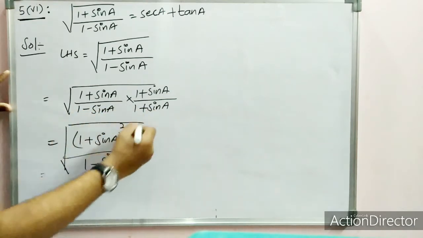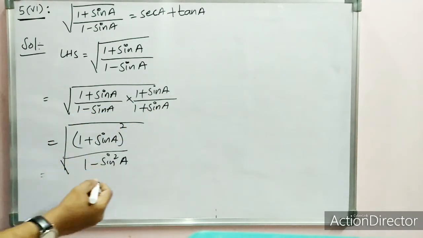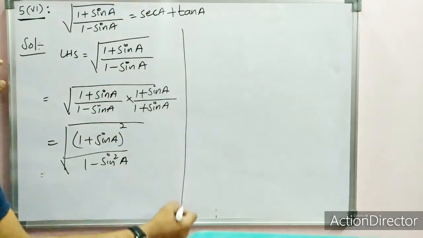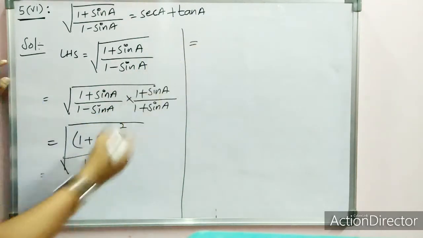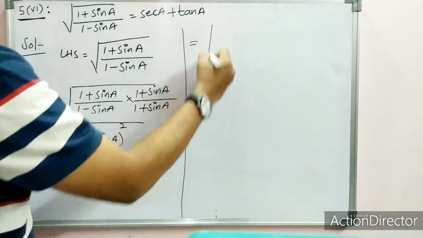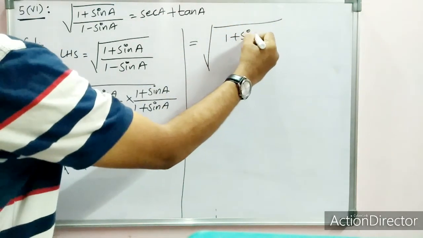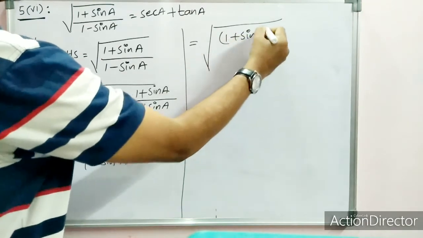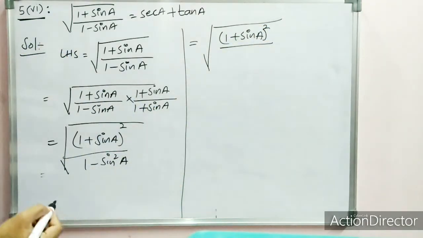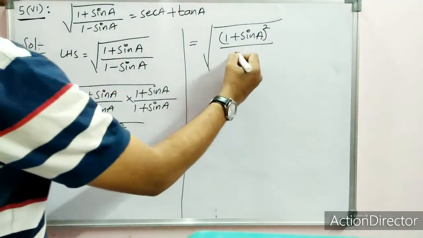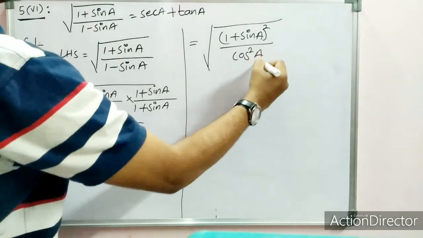Totally we have a square root. Now I can write 1 minus sin square as cos square theta. Now it will become the square root of 1 plus sin A whole square by cos square theta. Why?